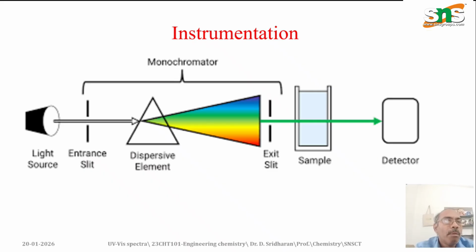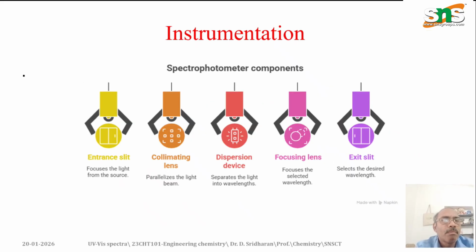The sample molecules absorb the light, and the remaining light passes to the detector. Based on that transmitted light, we can analyze the properties of the samples. The instrument shows the different parts: entrance slits, dispersion device, different lenses, and exit slits.